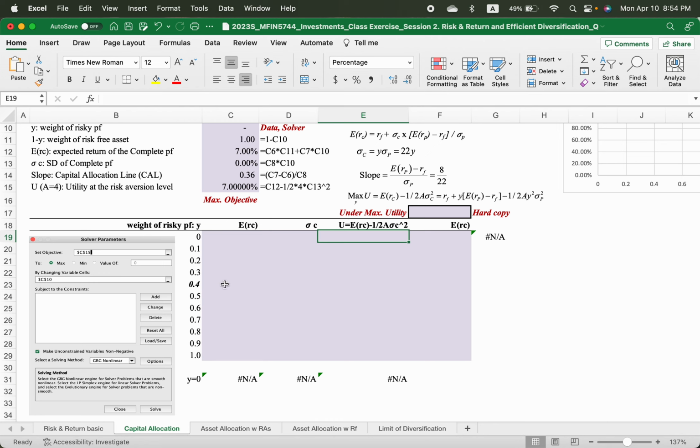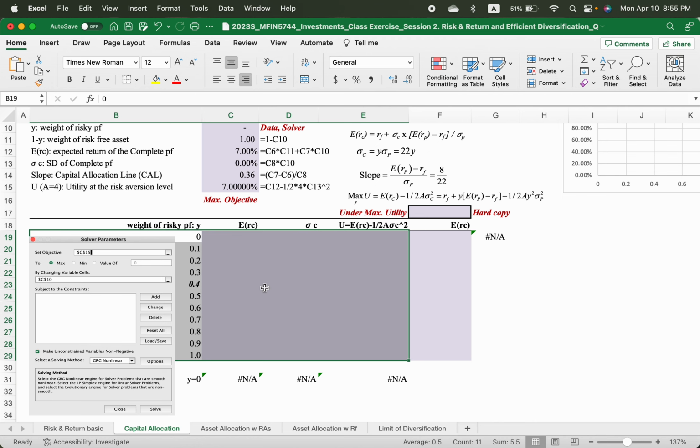What combination will generate the maximum level of utility, where what percentage of the weight we allocate on the risky portfolio? That is the point, right? So once we got it, now let's drag this area.